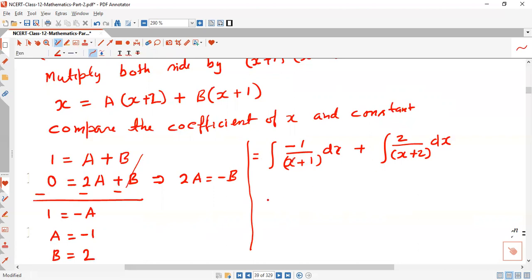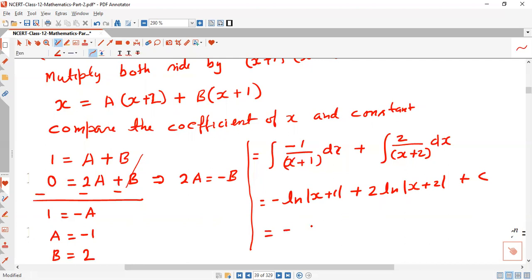Now taking the integration on both sides, we are getting minus log of mod x plus 1 plus 2 times log of mod x plus 2 plus some constant c. I can combine these two log terms.